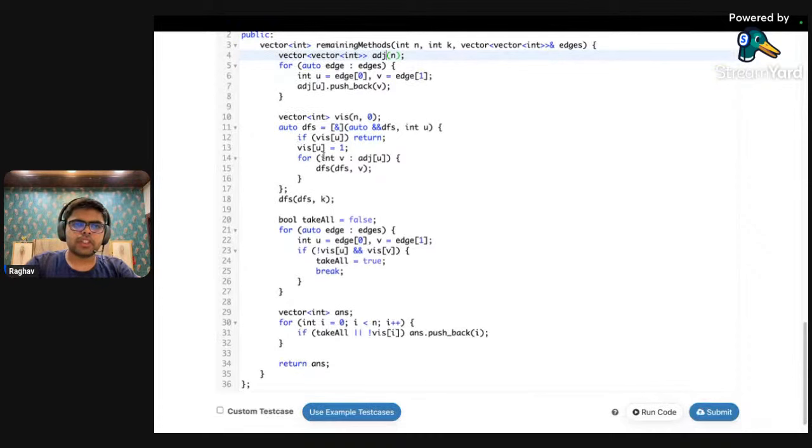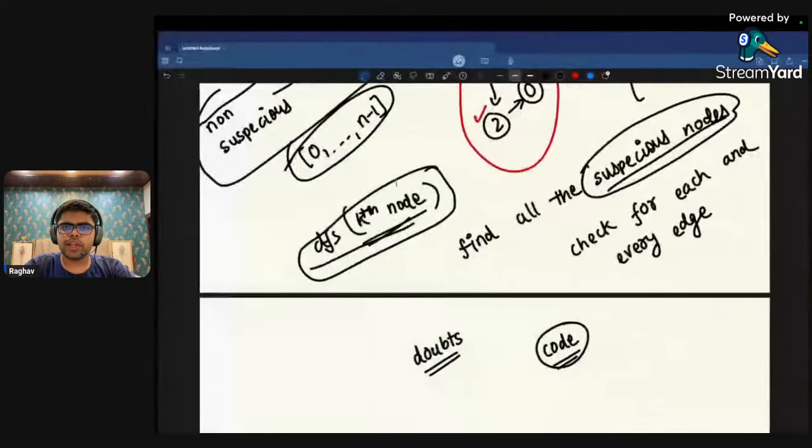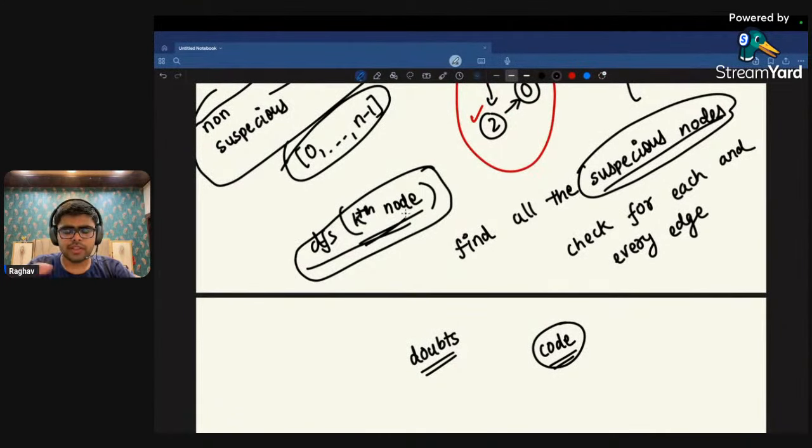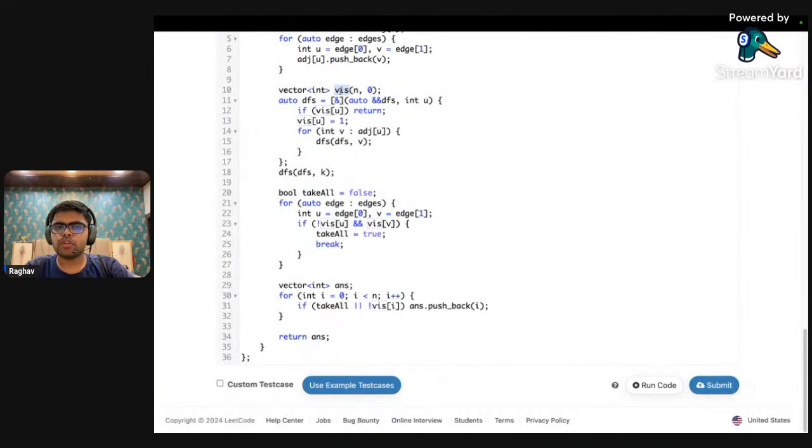In the DFS function, we are doing nothing but traversing to all the nodes which you can reach from the node with the bug. After that, all the nodes which you can reach from the kth node, basically all the suspicious nodes, would be visited, and all the non-suspicious nodes won't be visited.